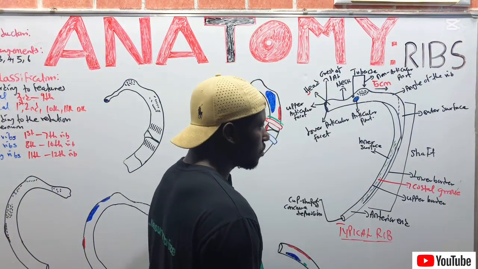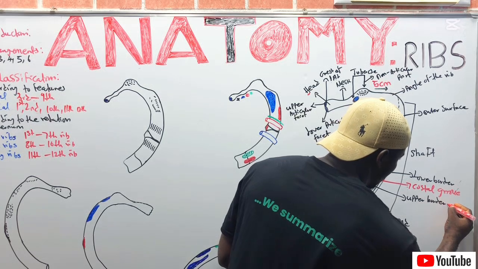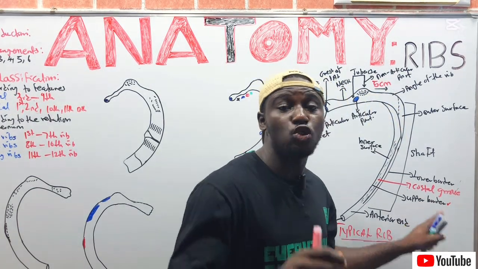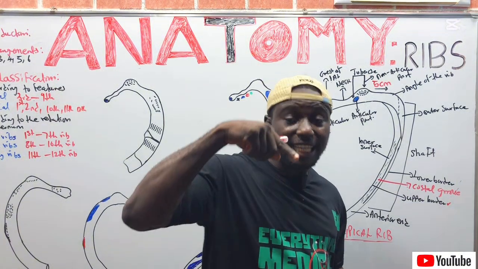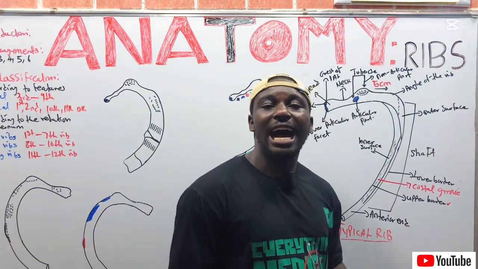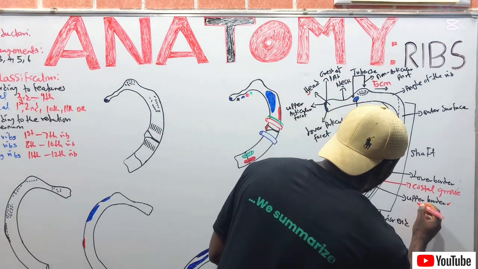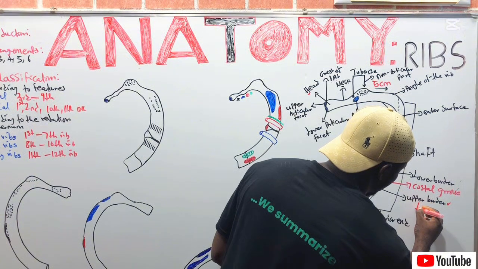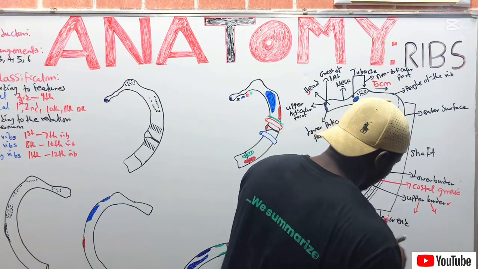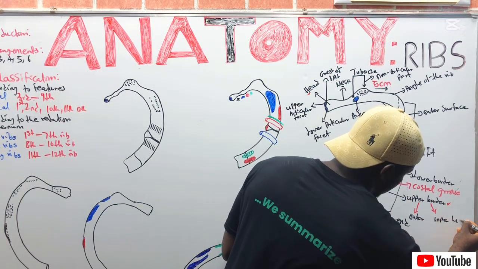So now, let's begin with the upper border or the superior border. The upper border is usually thick and rounded, and it has an outer lip and an inner lip.